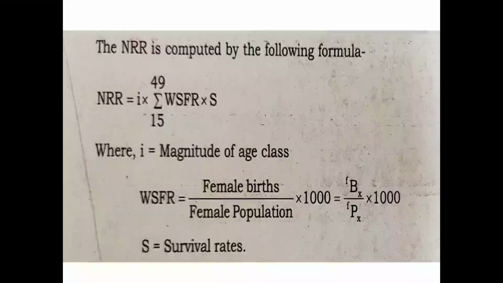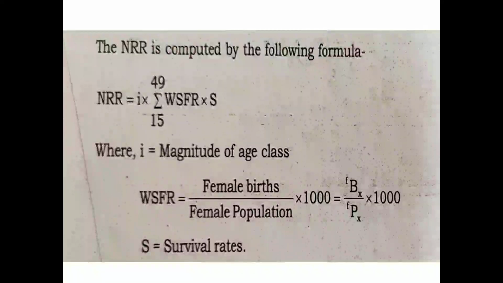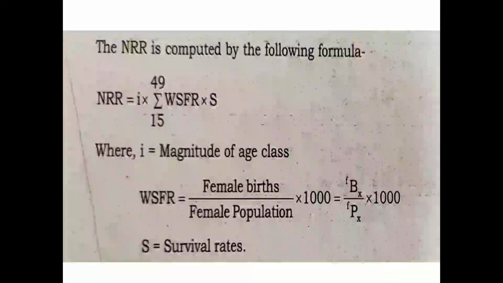WSFR is female births divided by female population into 1000, which you already know. One term is added here, that is S. S is nothing but survival rates. So NRR is equal to I into summation 15 to 49 WSFR into S.